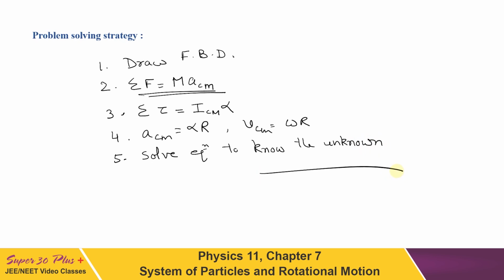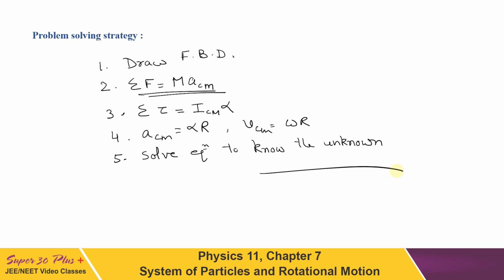Now I think you must be comfortable with all the concepts that will be useful for problem solving, and in the next session I am going to solve a number of examples based on the concepts we have learned today. Again, I am summarizing the concepts. In the last session I had discussed constraint relations, which also have to be kept in mind. And the next topic was rolling.